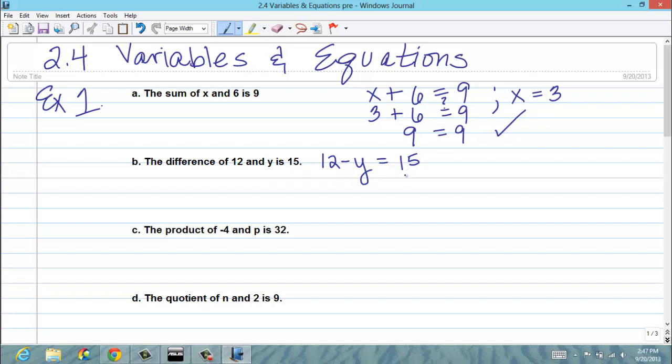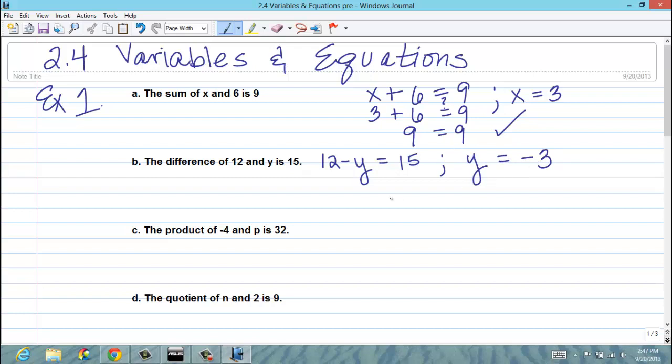Usually when we subtract, the result will be a smaller number, but because it's larger, that would suggest that our variable must be a negative number, and that will ultimately end up adding. What could we add to 12 to get 15? We could add 3. So in order for this to work, 12 minus a negative 3 would ultimately become positive, because remember, to subtract is to add the opposite. So we'll say that y equals negative 3.